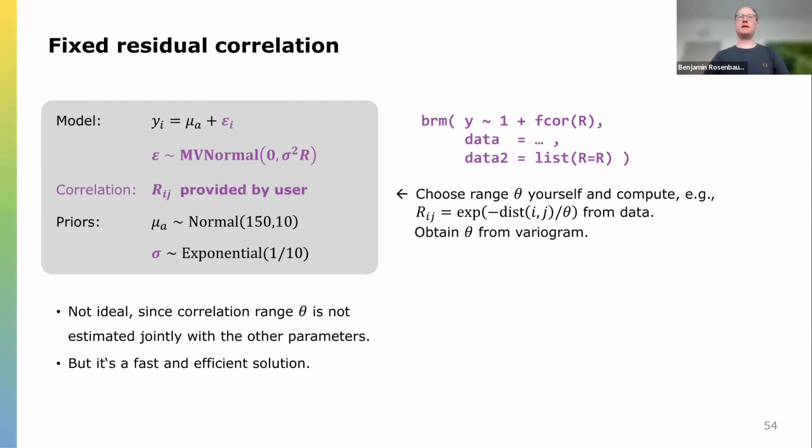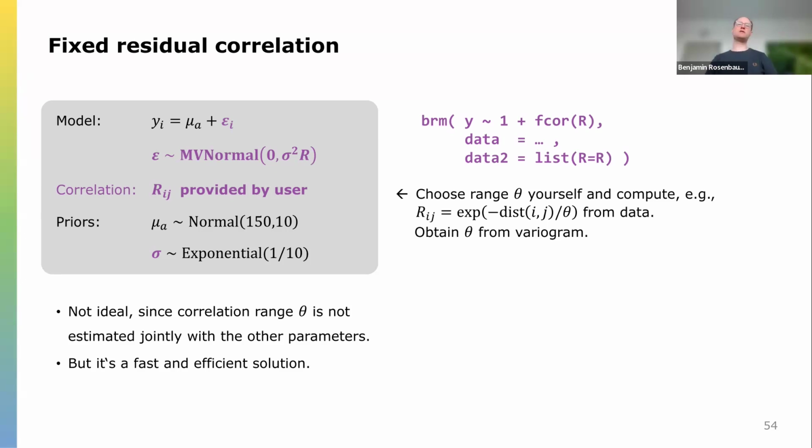Basically, it just means you choose this theta yourself. There are some ways through variograms to get a good idea what value this parameter should have. And then you have one correlation matrix, which is a constant, and you can put it in BRMS, and then it works quite well.